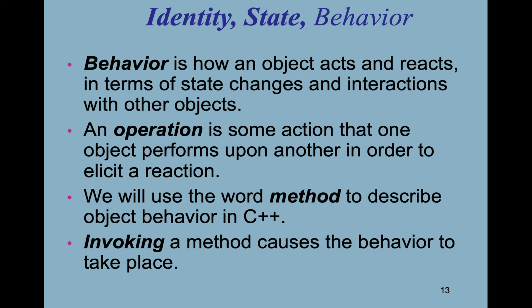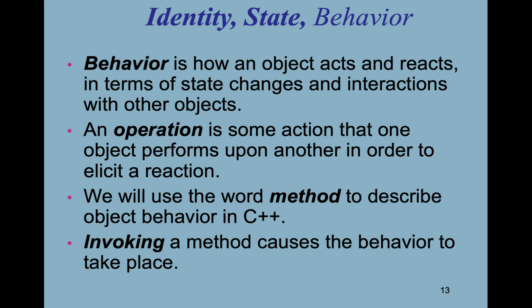So the behavior is how an object acts or reacts in terms of its states. So the behaviors are, what is the object able to do? Can it lift something? Can it move from the first floor to the third floor? An operation is some action that the object performs upon another object to elicit a reaction. So we'll use the word method to describe object-oriented behavior in C++.